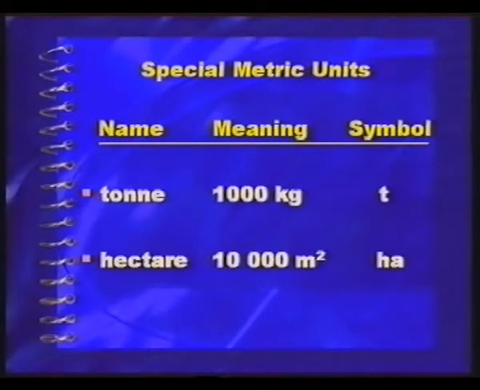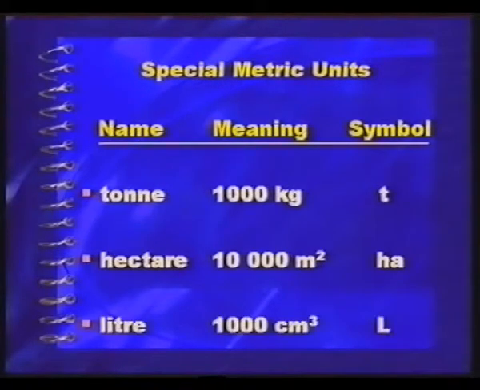And hectare, to use with area measurements, that's equal to 10,000 square meters, or 100 meters by 100 meters. And finally, we also use a liter, which is the same as 1,000 cubic centimeters, and the abbreviation for a liter is capital L.